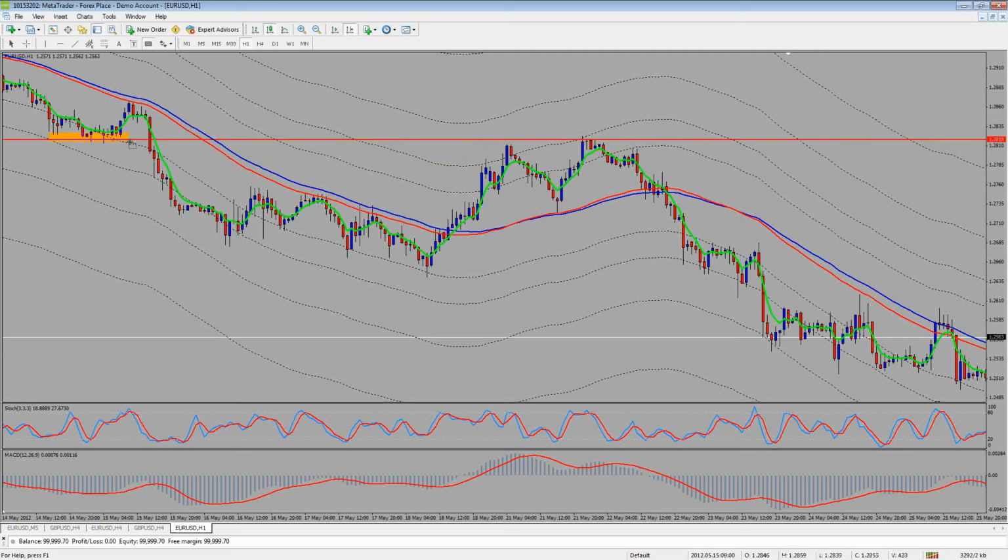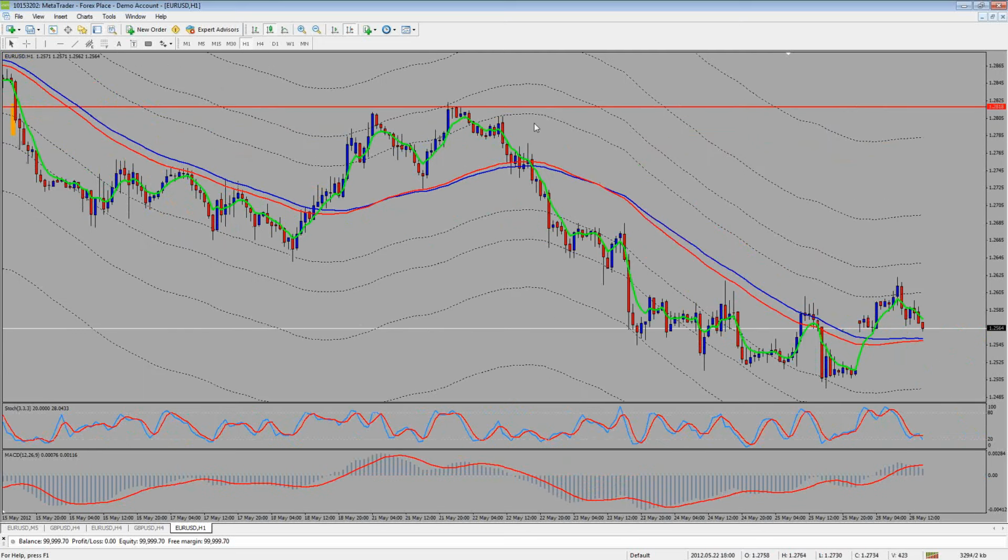You can see here, support area. And this candle broke the support area, and now the support level became a resistance level. Here you can see the price reaching the resistance level, and we can see this Fibonacci level, the second Fibonacci level, which is the 89 level for the moving average.